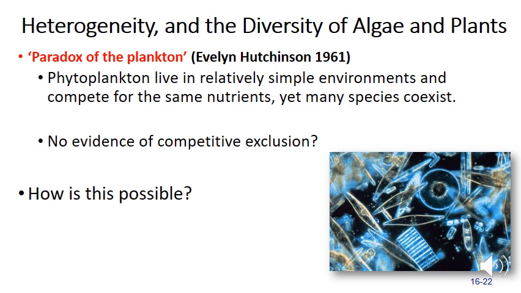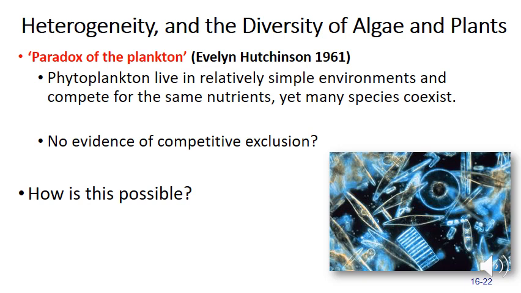And it's that question that Evelyn Hutchinson in 1961 was thinking about when she coined the phrase paradox of the plankton. What she was referring to was phytoplankton that live in seemingly really simple environments. They live in open water, the open water of freshwater lakes. They compete for the same nutrients in those lakes.